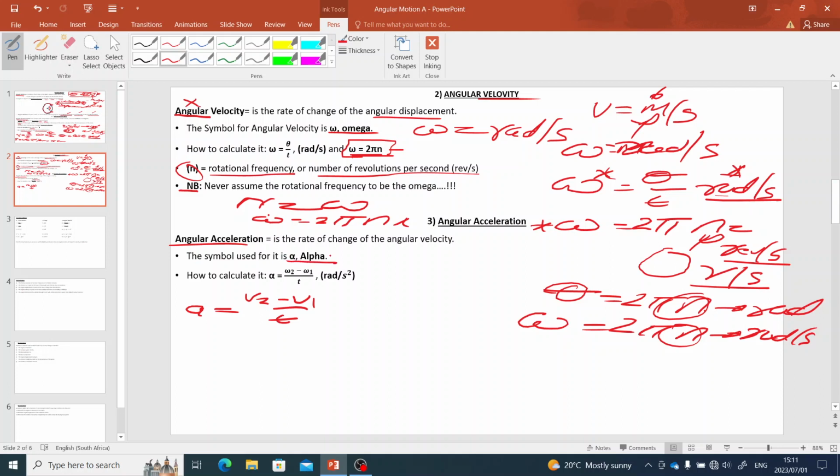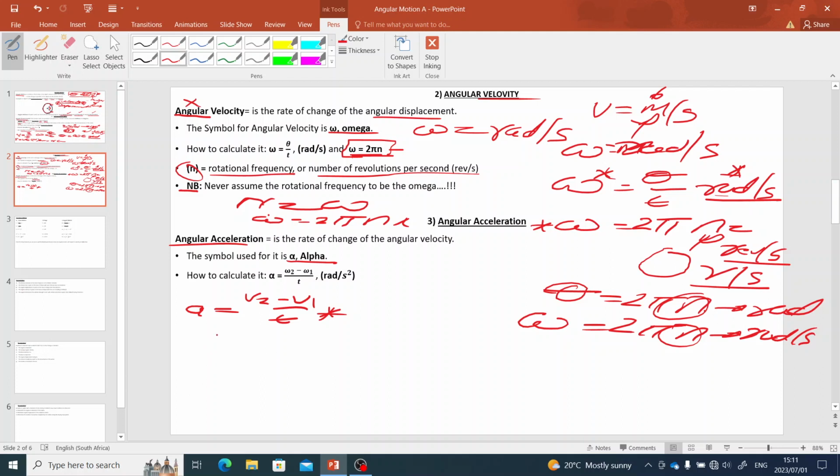In calculating angular acceleration, it is the same formula as your linear, but the only thing that changes is the symbols, to indicate that one motion occurred on the linear and the other motion occurred on the circular course.